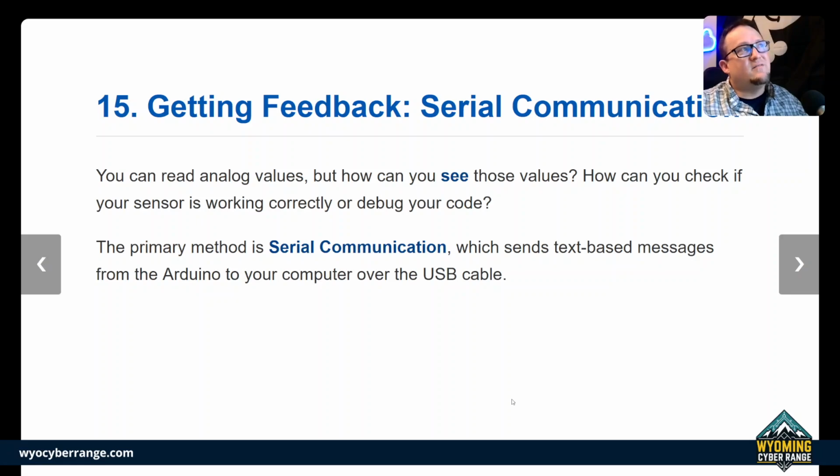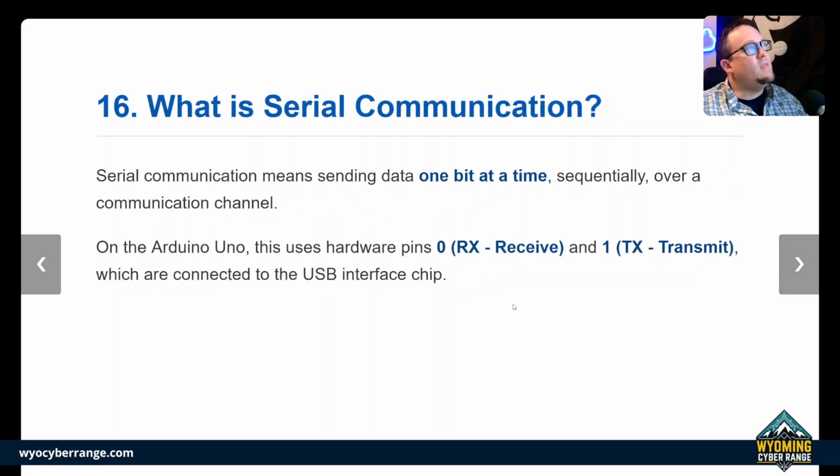It's going to send us text-based messages from our Arduino over the USB cable, one bit at a time. Serial communication means we're going to get one bit at a time in a line. That's why we call it USB, Universal Serial Bus.